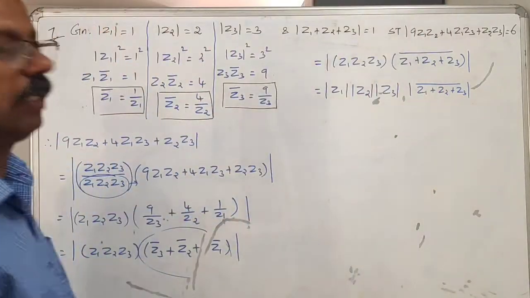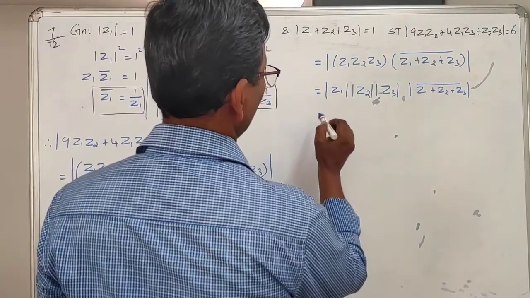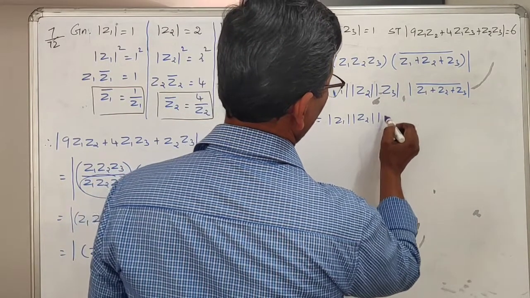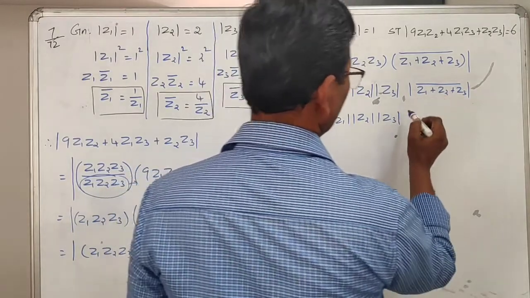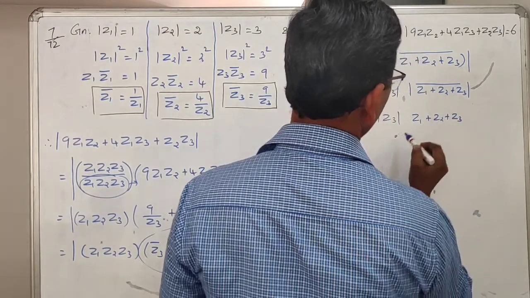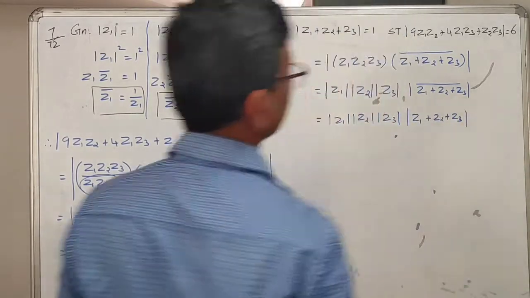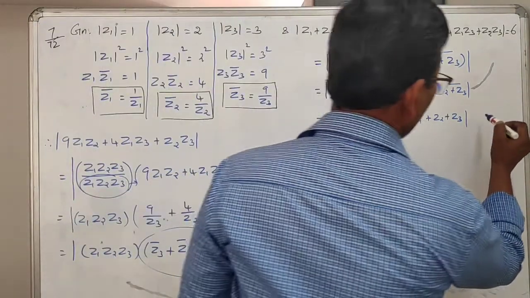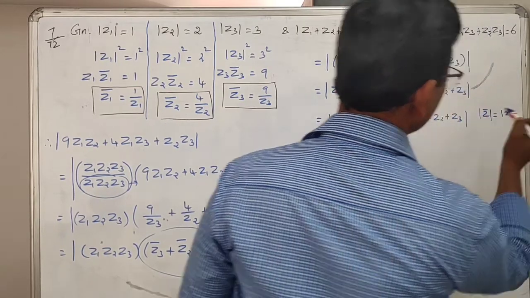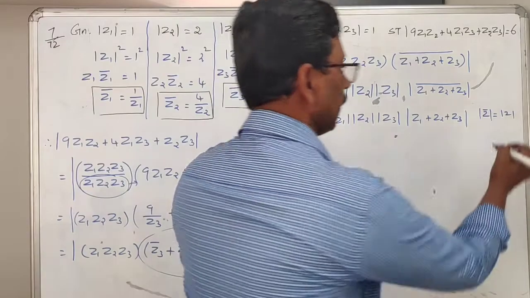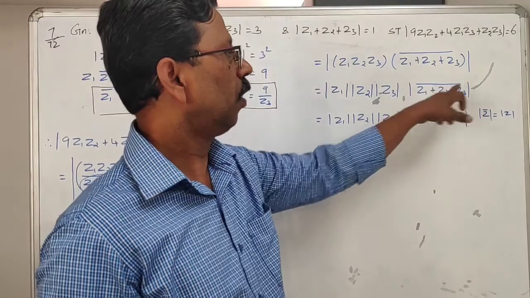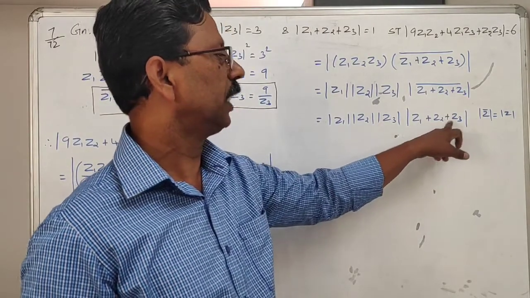Now this can be written as the modulus of Z1 plus Z2 plus Z3, because you know very well, modulus Z bar is equal to modulus Z. Based on this concept, modulus of Z1 plus Z2 plus Z3 whole bar can be written as modulus of Z1 plus Z2 plus Z3.